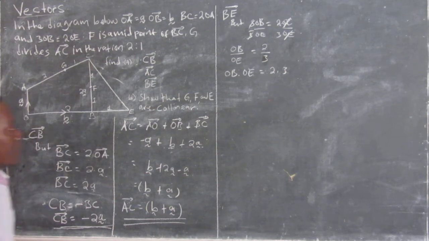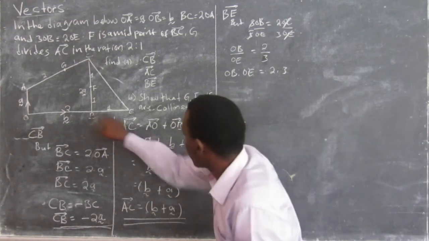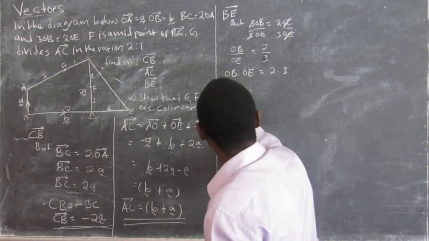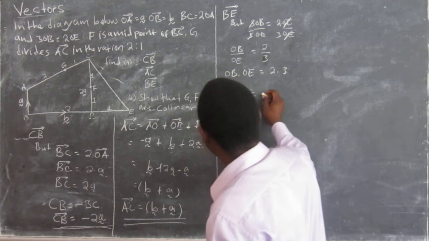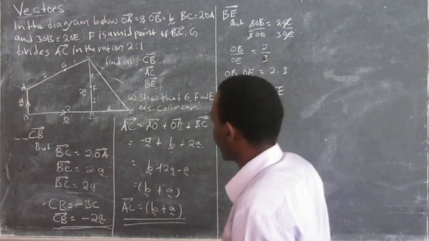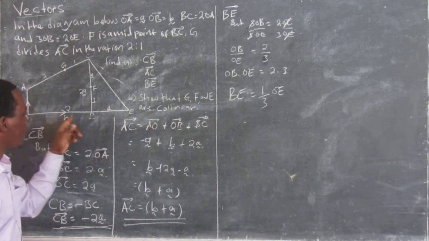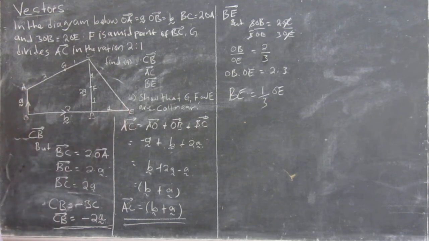We know that BE is going to be the same as saying 1 out of 3 of OE. This BE is equal to 1 out of 3 of OE. Now, we should get our OE.